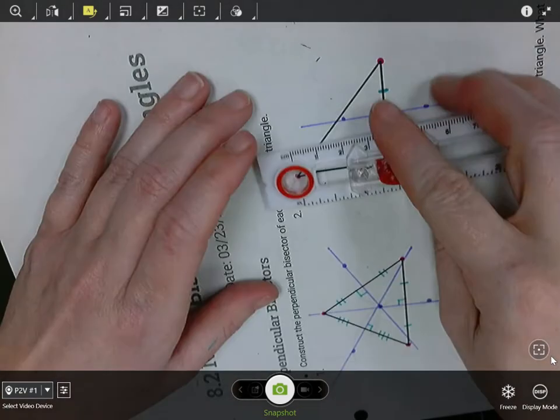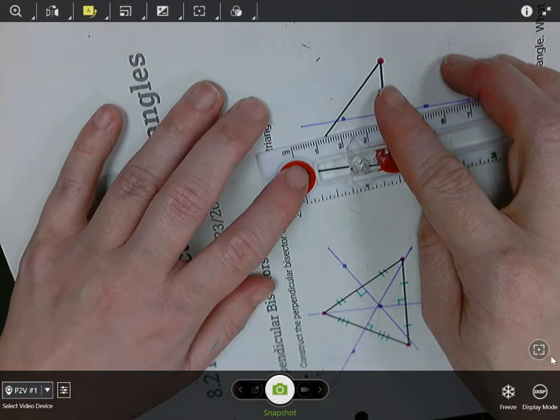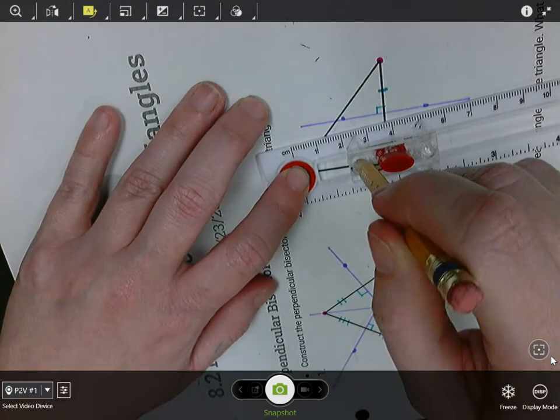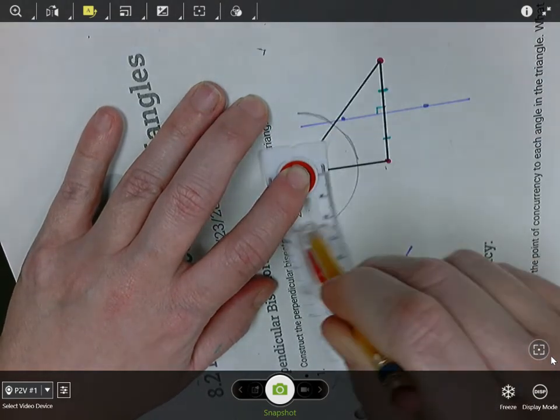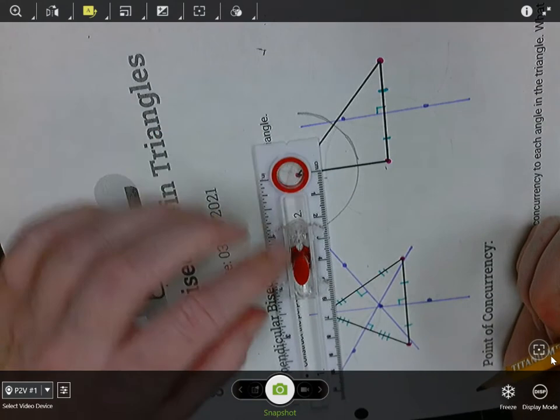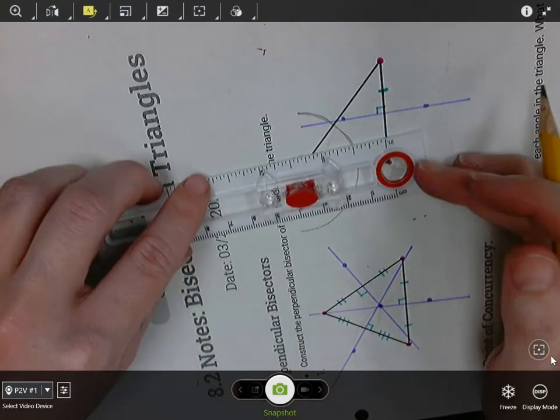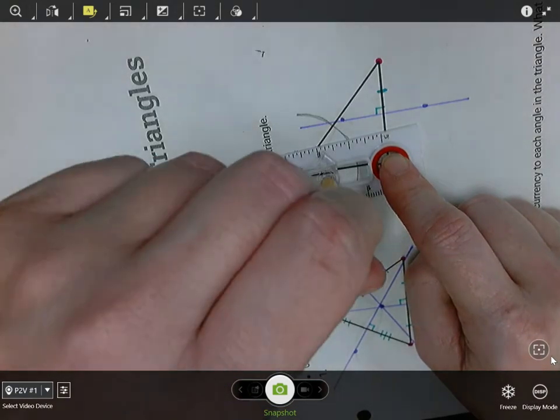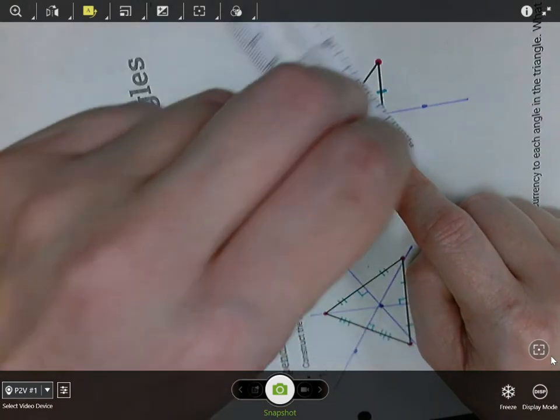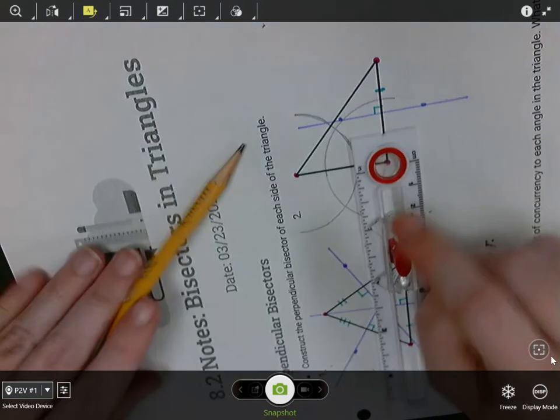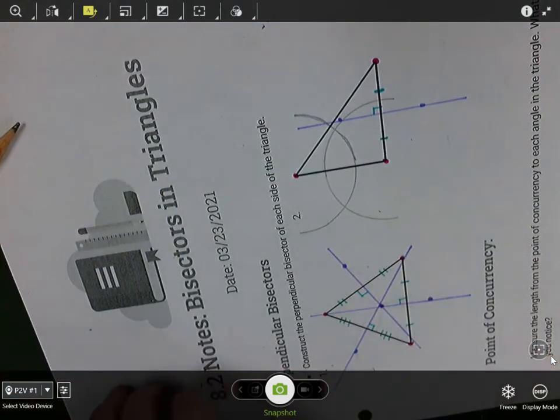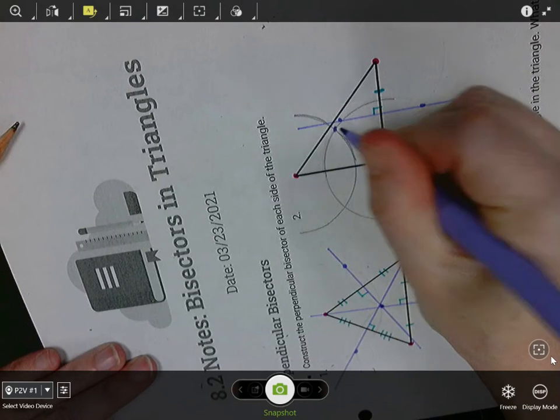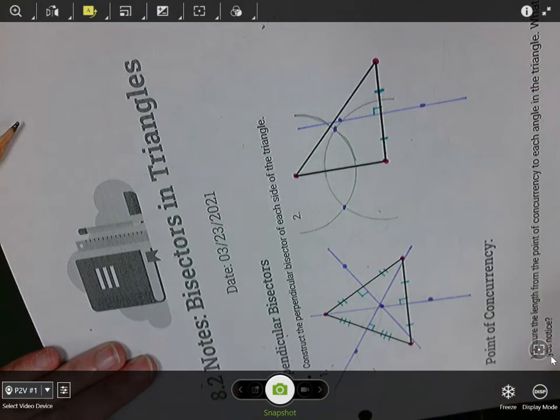Put your compass on the point. Put your finger down. Put your pencil in the hole closest to your finger. Pick it up. Put it on the other dot. Put your finger down. Put your pencil in the hole closest to the finger. Draw your arc. Look at the 2 points where they connect.